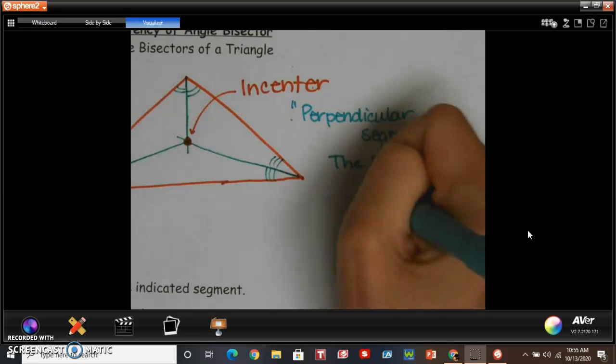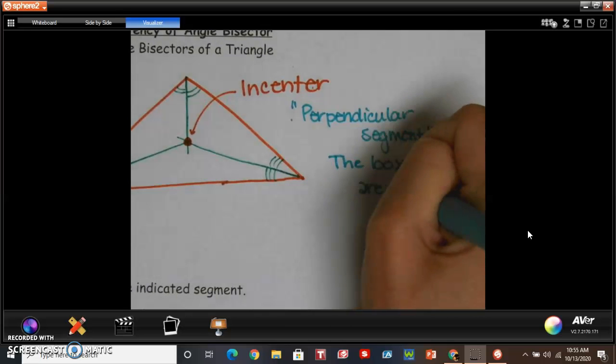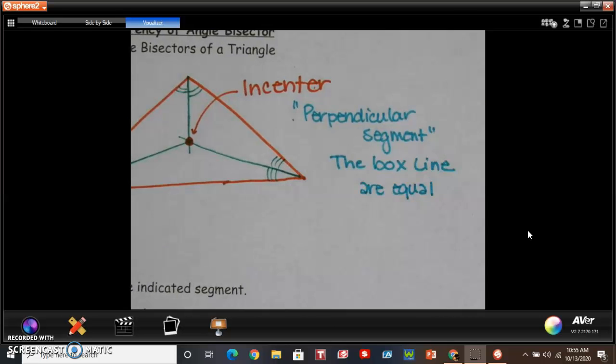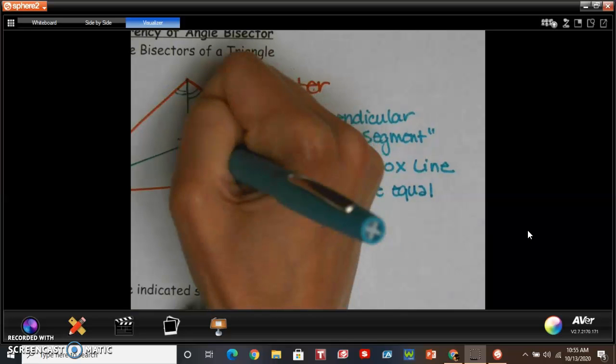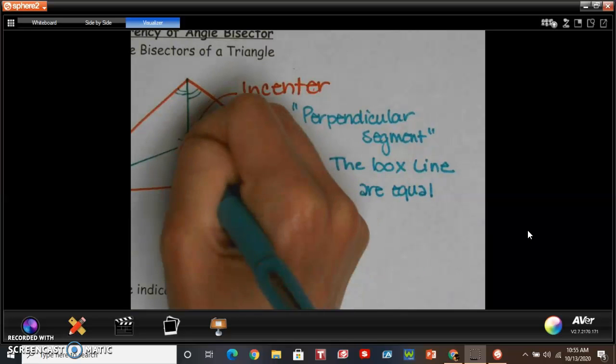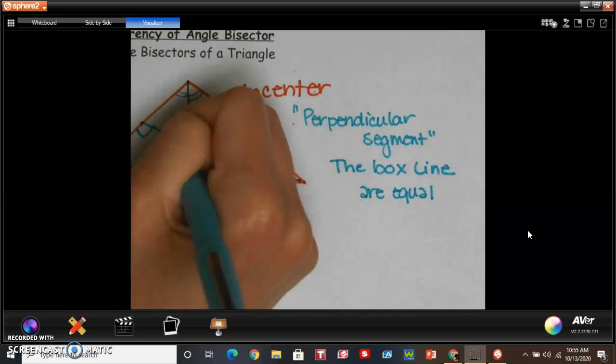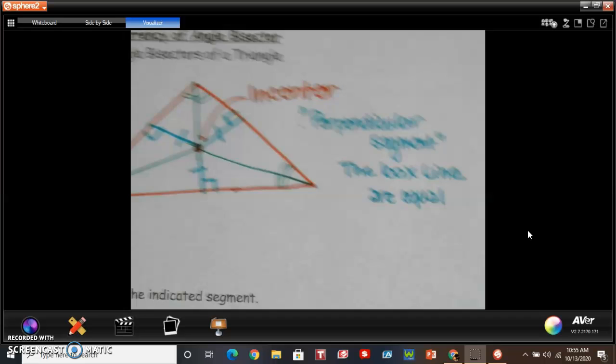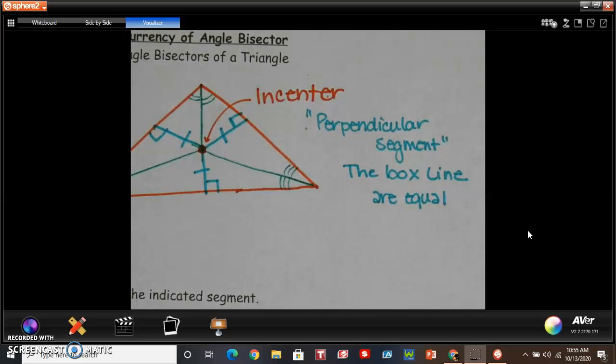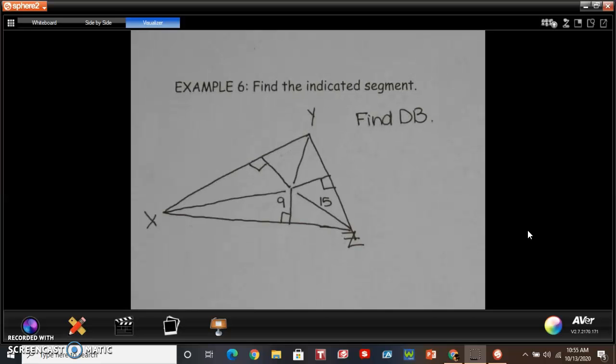They are equal. So if we go from that incenter to the side and we create a box like so, all of these are equal. Okay? So if you see incenter, remember box lines are equal. So knowing that, let's look at example 6.